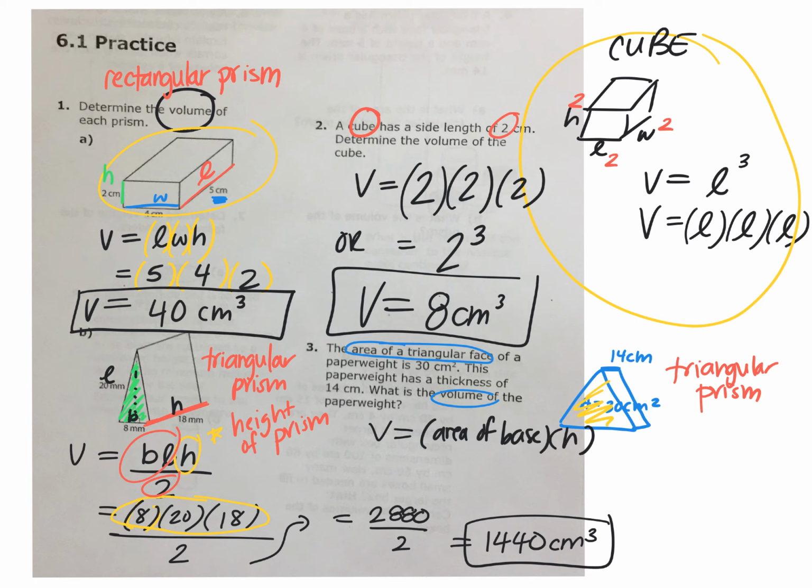But in this case, they actually give you the area of the base. What's the area of the base? 30. Yeah. So you can skip all those steps. Take the area of the base and multiply it by the height. What's the height? 14. That's it. So what's 30 times 14? 420 centimeters cubed.